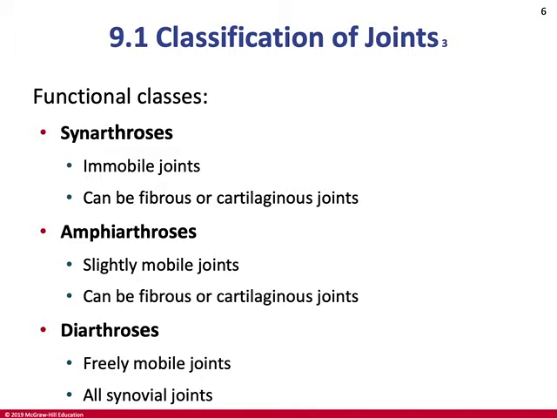And diarthrotic joints, which are freely movable and can be broken down into subdivisions depending on the range of motion that they allow. Examples of different classes of diarthrotic joints include hinge joints, pivot joints, ellipsoidal joints, and so on.